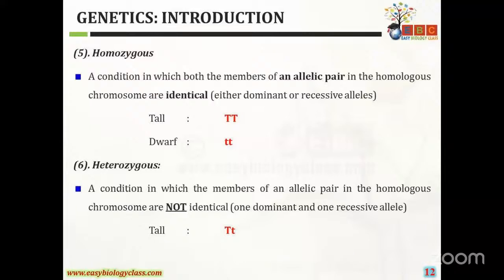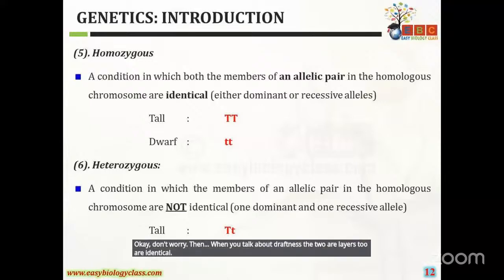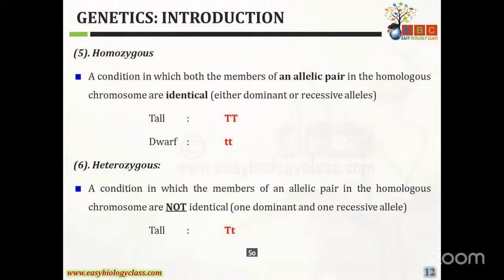Then when you talk about dwarfness, the two alleles too are identical. So it can either be dominant or recessive allele. So homozygous tall, that's capital TT. Then it can also be homozygous dwarf, that is small tt.